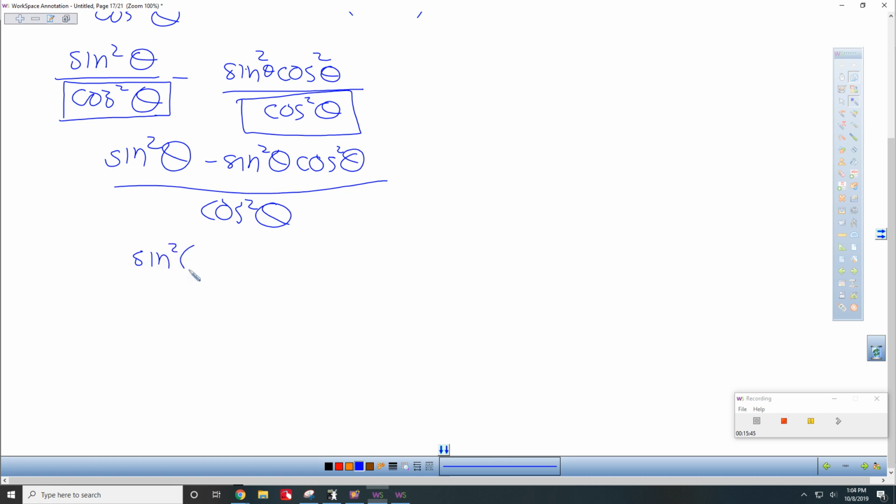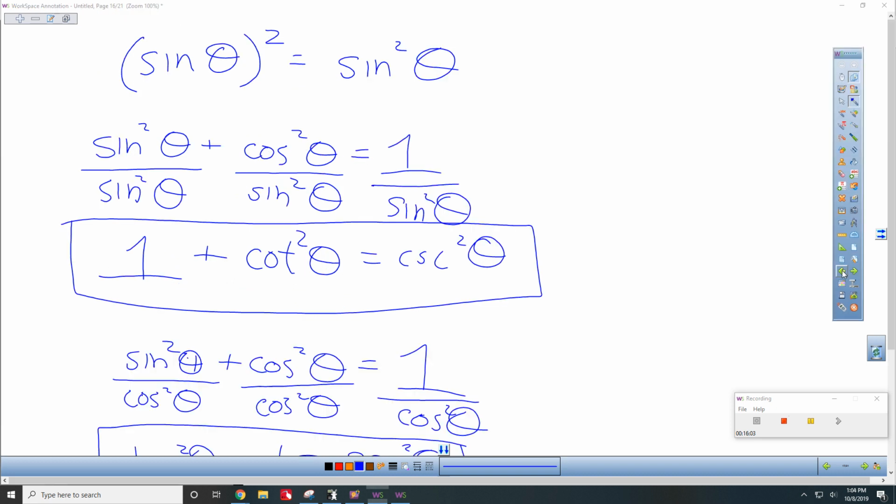Sine squared theta times 1 minus cosine squared theta, aha, all over cosine squared theta. Now, if you remember, 1 minus cosine squared is a thing.